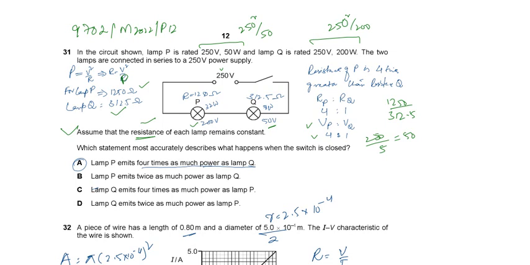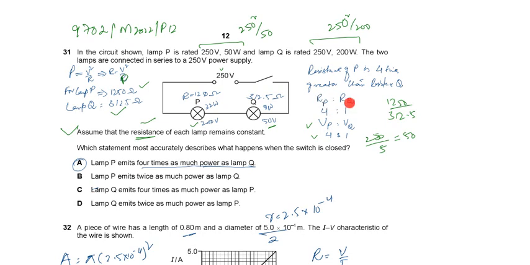If we compare these two resistances, and divide 1250 by 312.5, we will get 4. So the ratio of the resistances is 4 to 1: the resistance of P is 4 times greater than the resistance of Q.